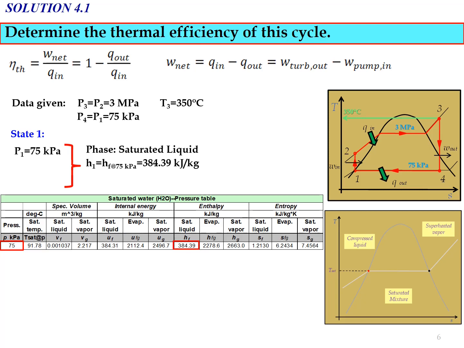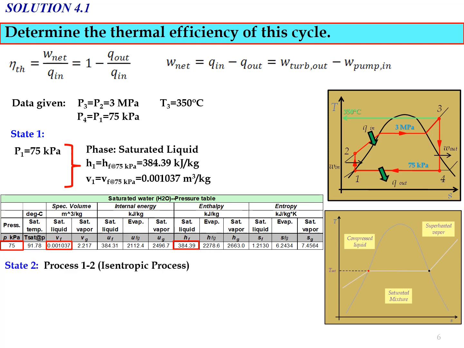Because the condition is saturated liquid, we refer to Hf, which is equal to 384.39 kJ per kg. And we can also determine V1, where V1 equal to Vf at 75 kilopascal equal to 0.001037 meter cubed per kg. Done for state number 1.